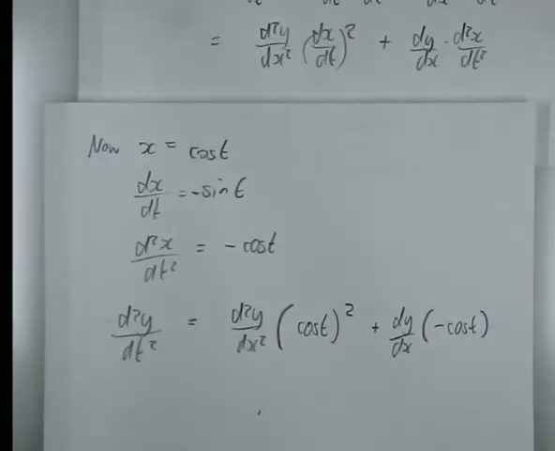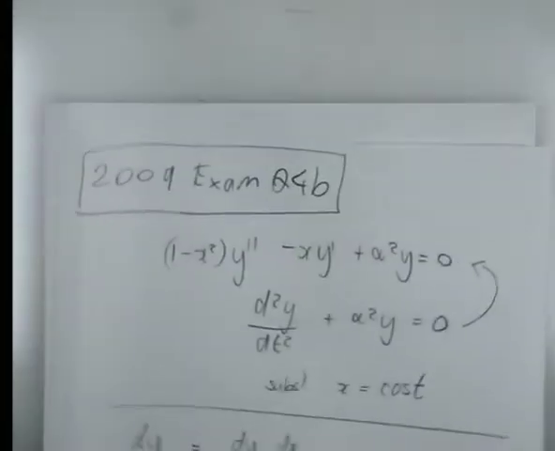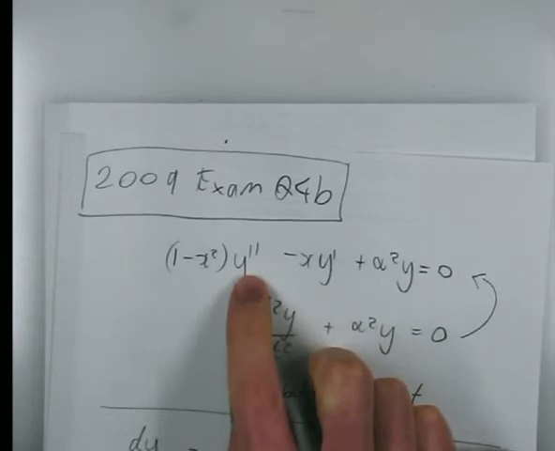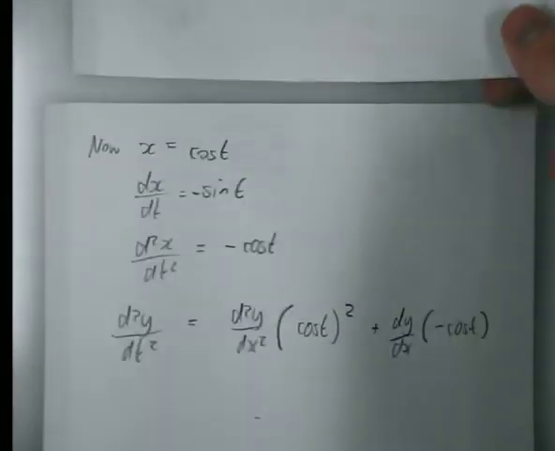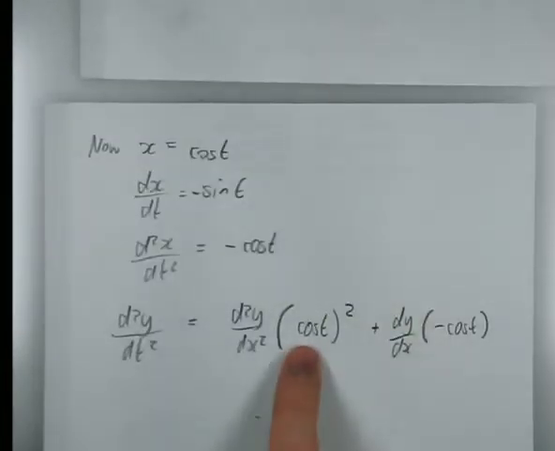And actually, you know what? I don't want t's in this at all, do I? Because the one that I'm aiming for doesn't have any t's, it's only got x's. So what I should really do is write this in terms of x.